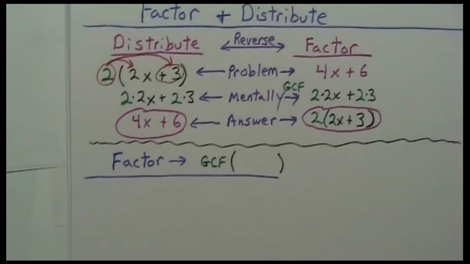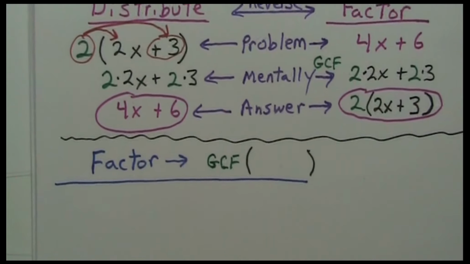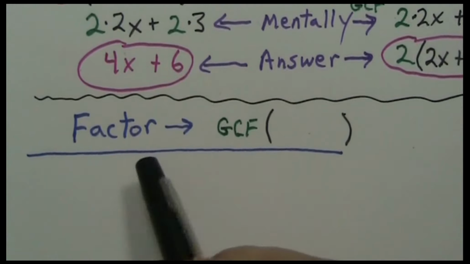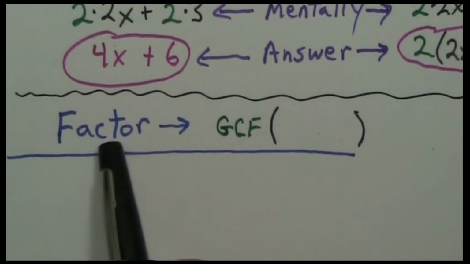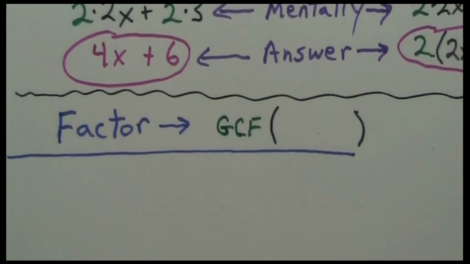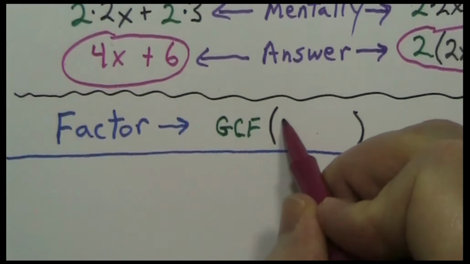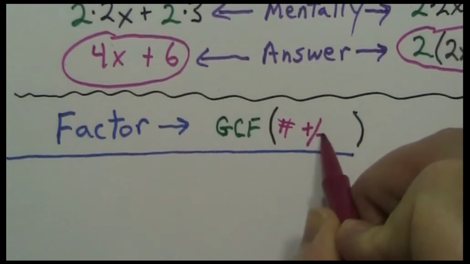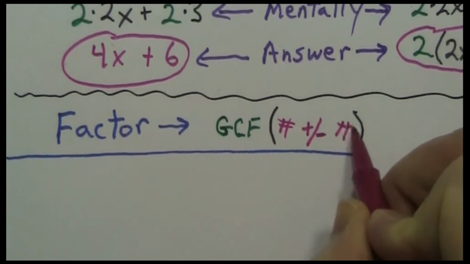Okay, so here's what we're doing. When factoring, we're looking for the greatest common factor. And then you're going to have some number, and then plus or minus some other number.